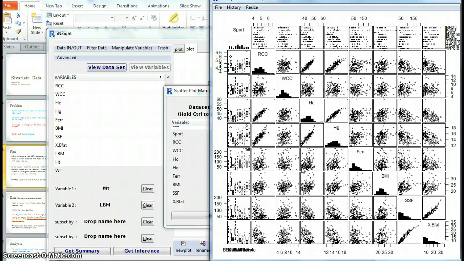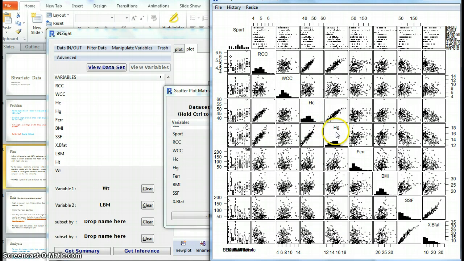I've looked closely at this and already decided which three variables I'm going to use, and you can see the ones that would be good.